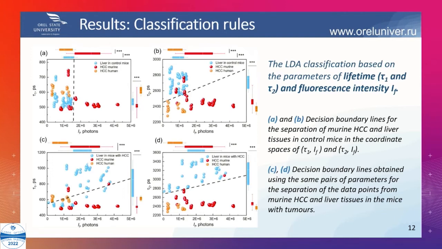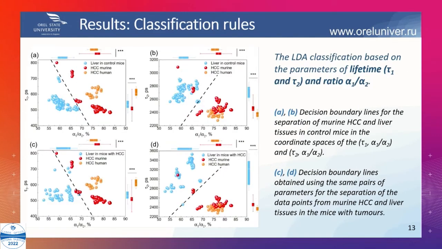The analyzed parameters of lifetime tau1 and tau2 and fluorescence intensity were used for the synthesis of the decision rules presented on this slide. The discriminant functions based on the parameters of lifetime tau1 and tau2 and the ratio between alpha1 and alpha2 are shown on this slide.